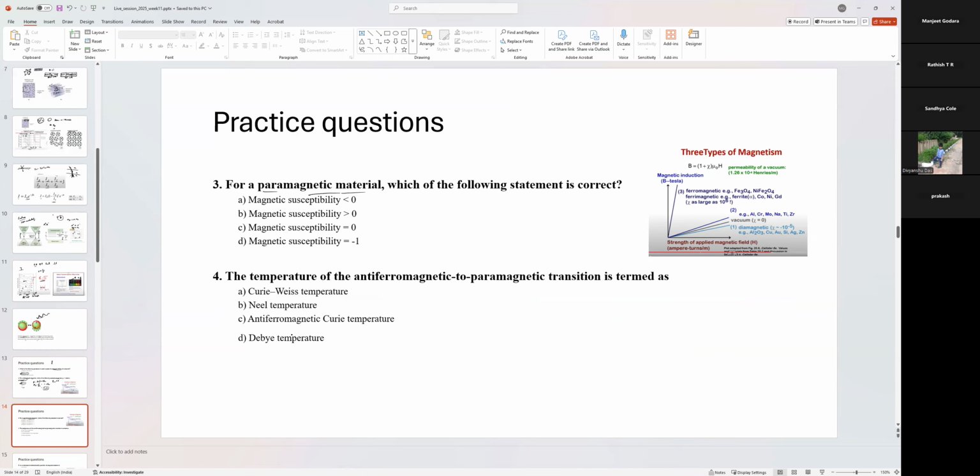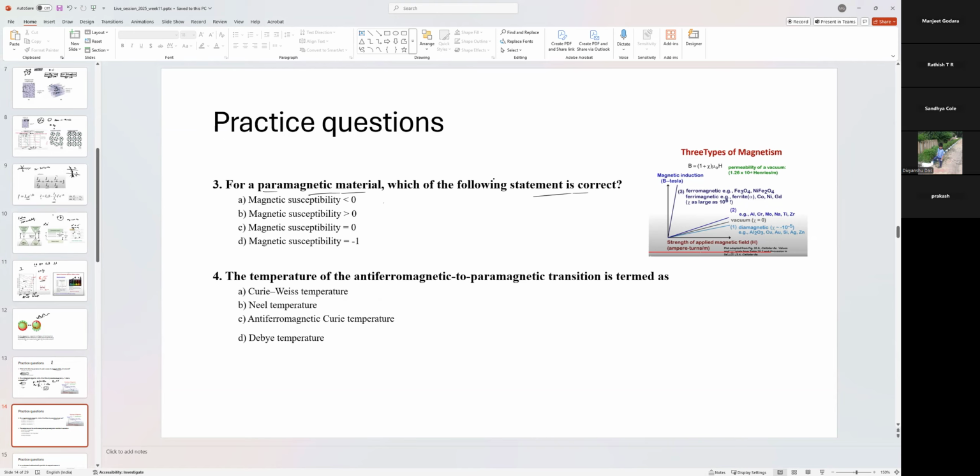For paramagnetic material, which of the following statements is correct?